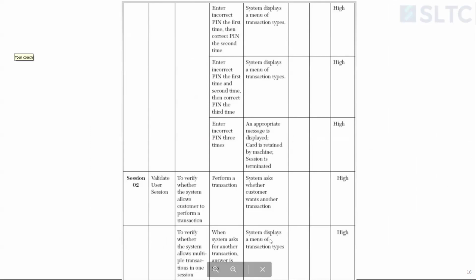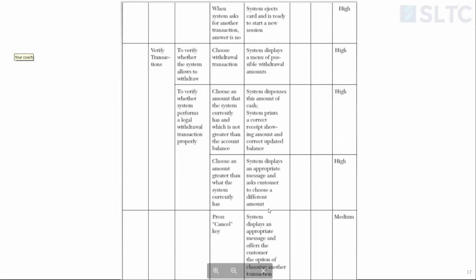The system displays a menu of transaction types. Another one is verify transactions. So if it is processing a large number of, let's say, money dispensing and deposits, because it's an ATM, we need to verify each one. So again, what we do under that.